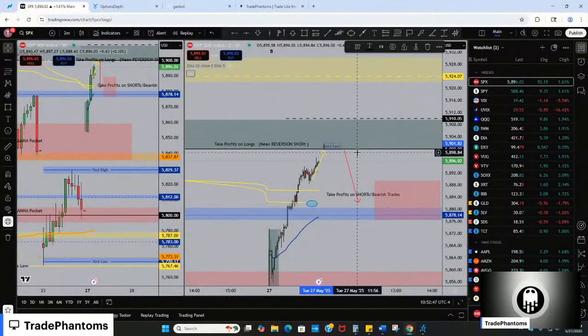So at 5,900, you can buy the 58.70 put strike.